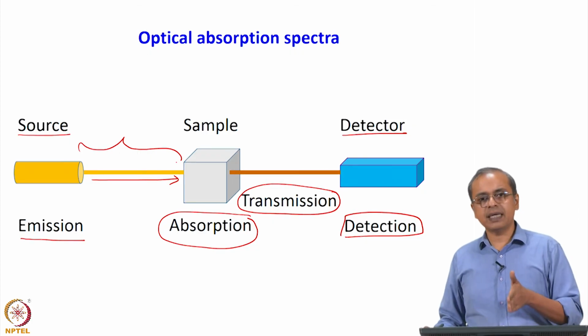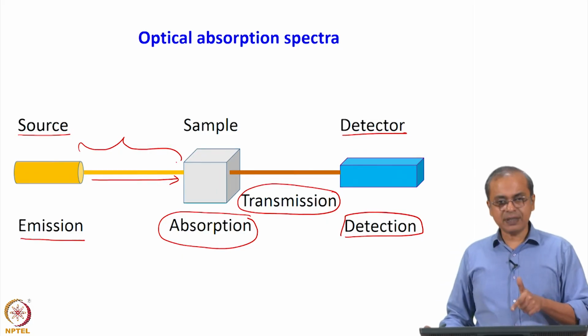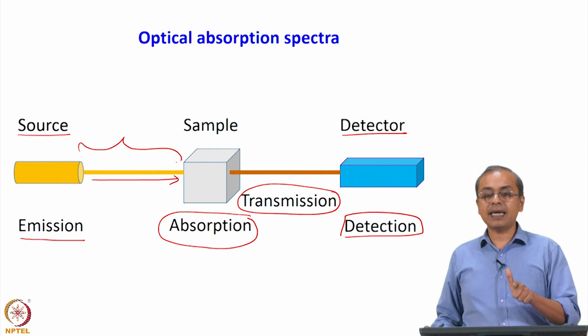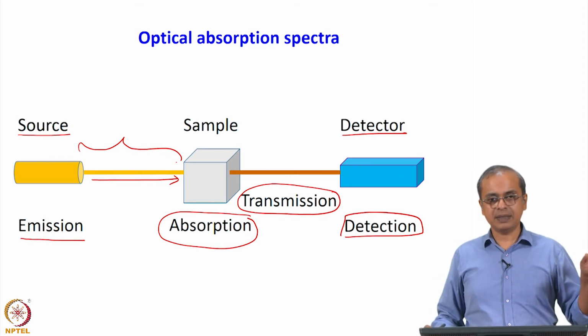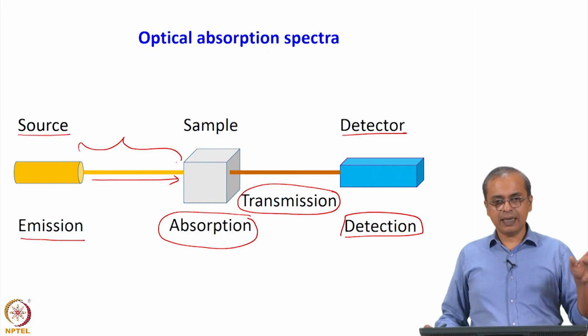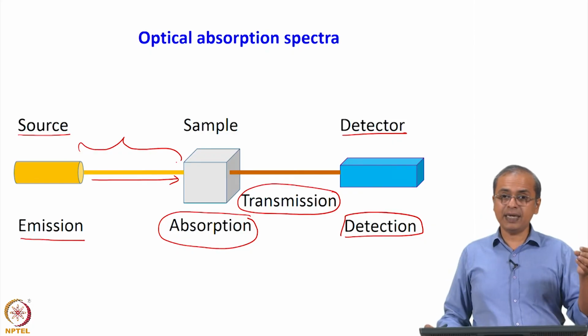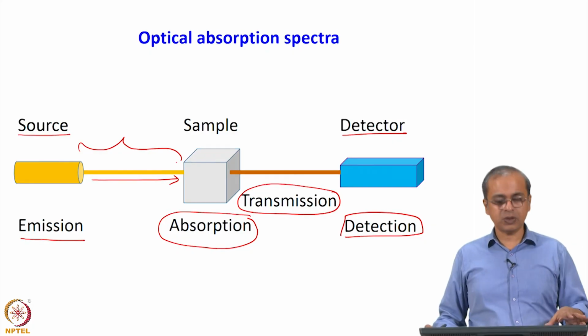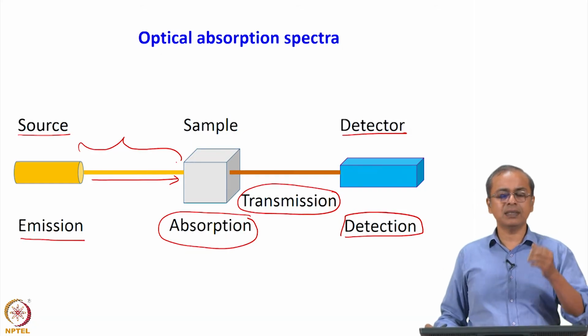So, normally what is done in this kind of absorption spectrum study is that they first run a dummy sample where the characteristics are known, or it is supposed to be relatively transparent in that frequency range. So, you get the base spectrum from that sample, which also will have any variation that the source has. Even though the source is supposed to give you exactly the same intensity at all the frequencies, it may or may not.